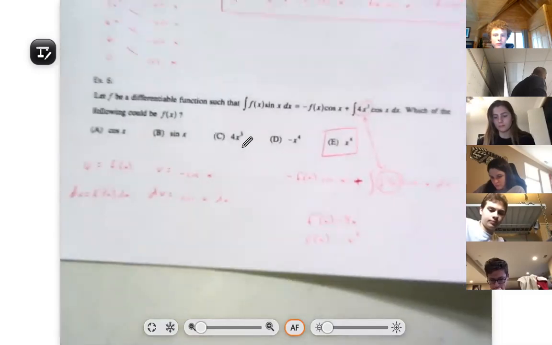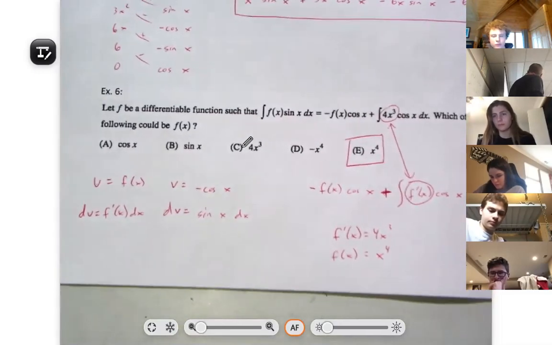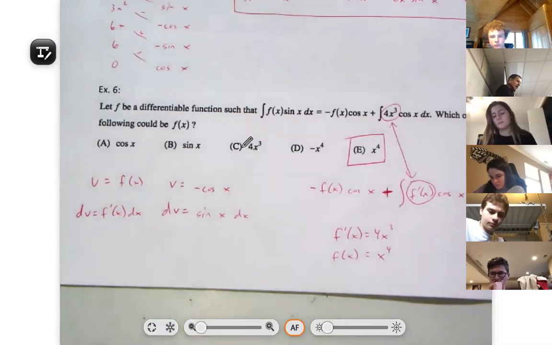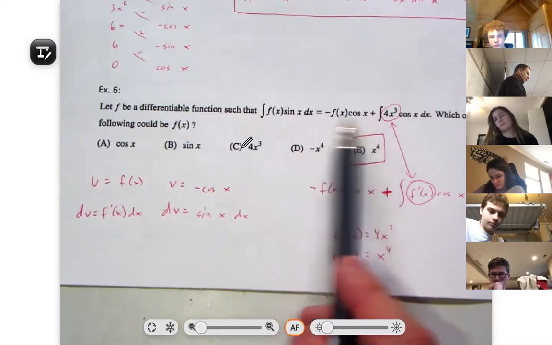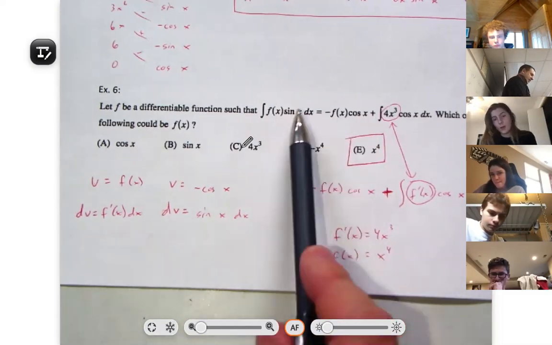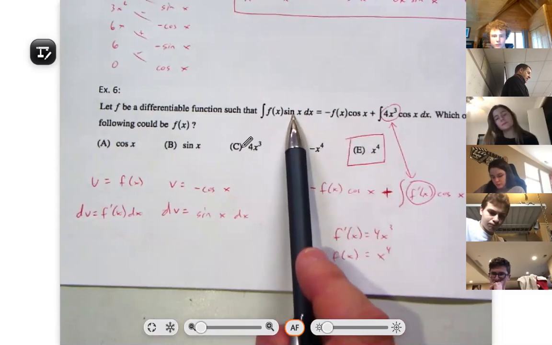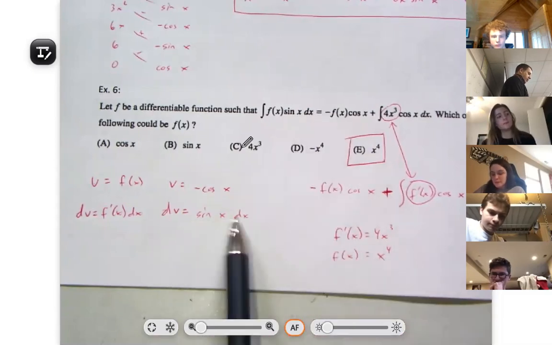So here was my thought process. I don't know if this is the most ideal way of going about it. First thing I tried to look at was which of this was U and which was DB. I noticed that if that's sine, it became negative cosine. That means they had to have integrated sine, so that had to be the DB part, which is why I went to plus the integral of 4x cubed.